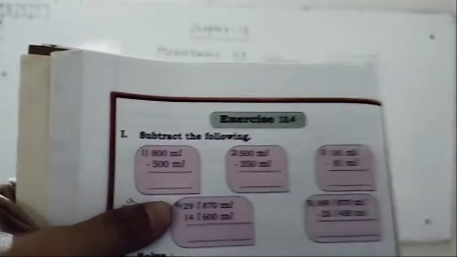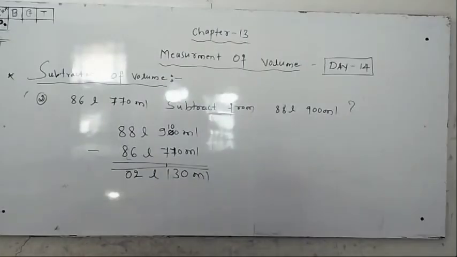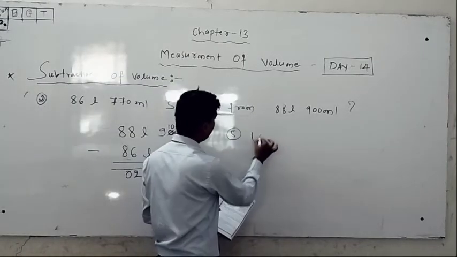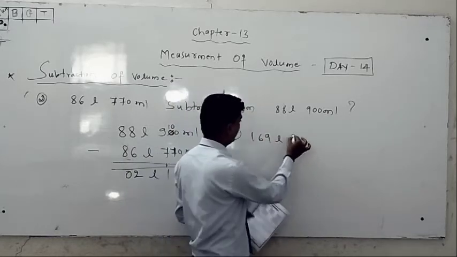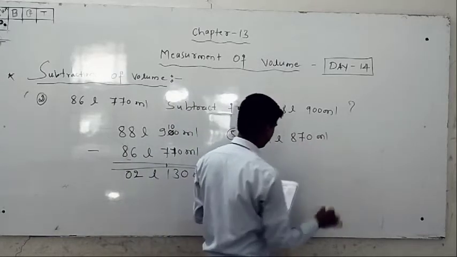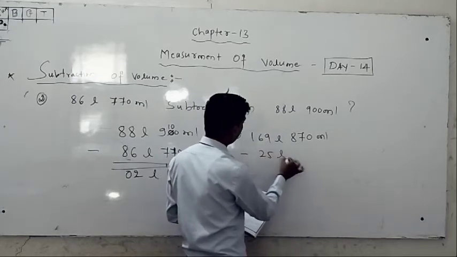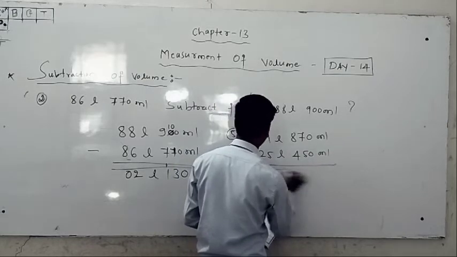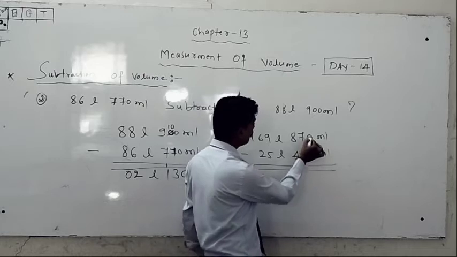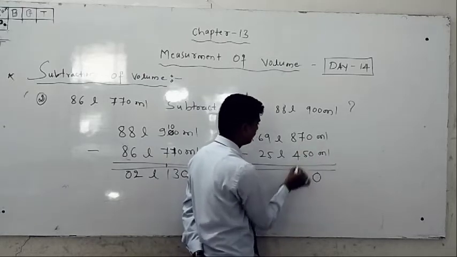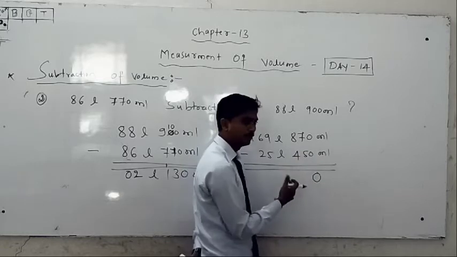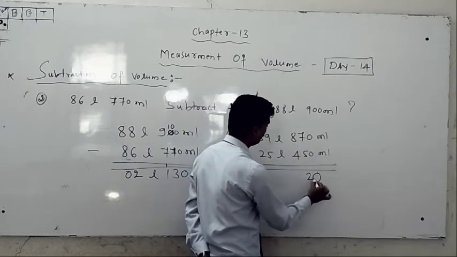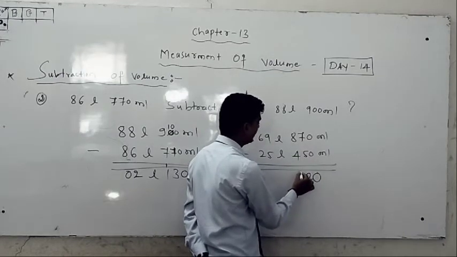Now I will solve the fifth one only, and the remaining all of you solve. Fifth problem: 169 liter 870 milliliter minus 25 liter 450 milliliter. Okay, this is the given question. 0 minus 0 is always 0. 7 minus 5, because 7 is bigger and 5 is smaller, it is easy to subtract. 7 minus 5 is 2. 8 minus 4, how much?